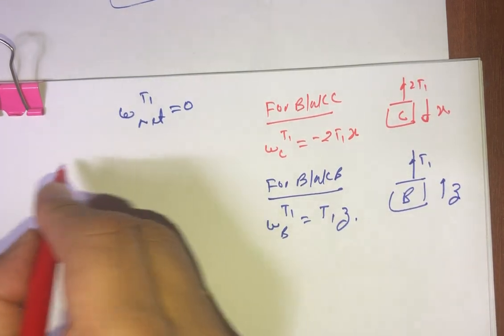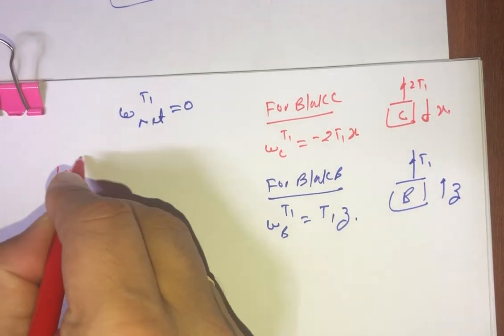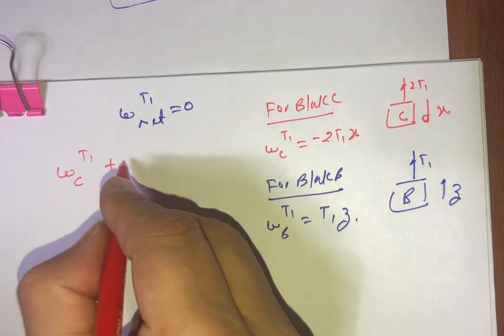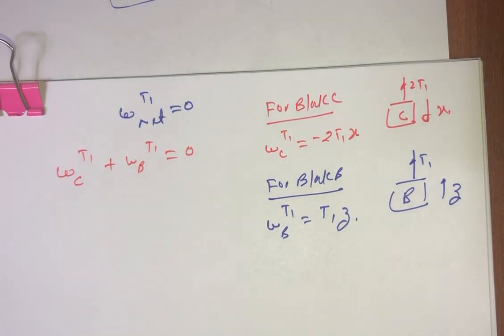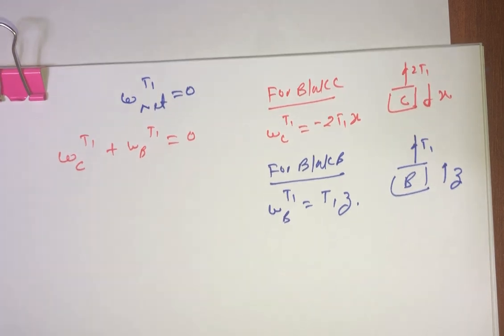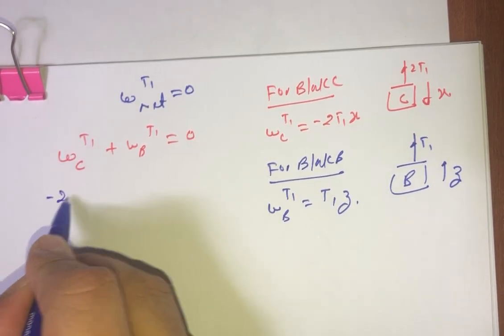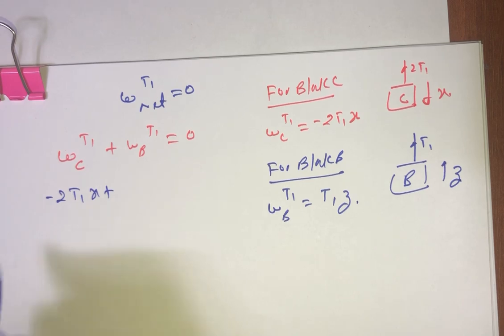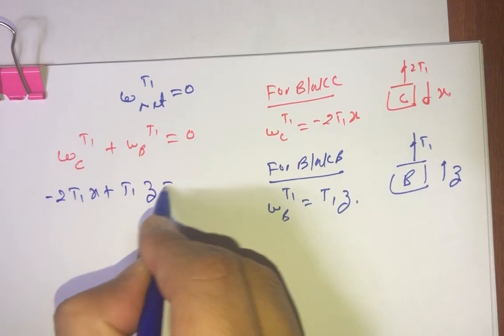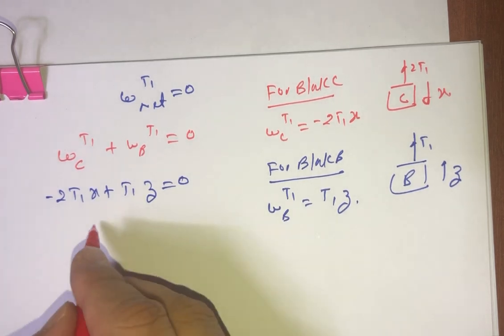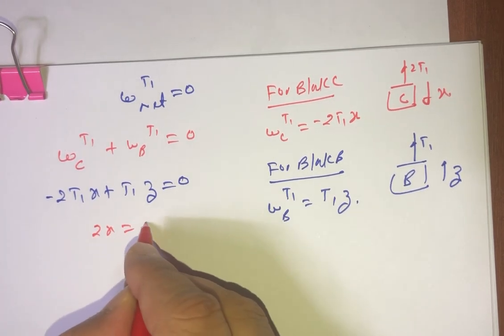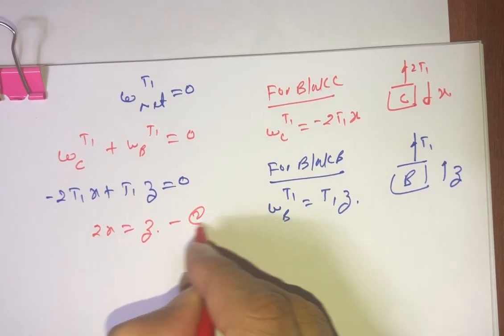So we can say that WC for T1 plus WB for T1 is equal to 0. Substituting the values, minus twice T1x plus T1z is equal to 0. From here we can write that twice x is equal to z. That is equation number 2.